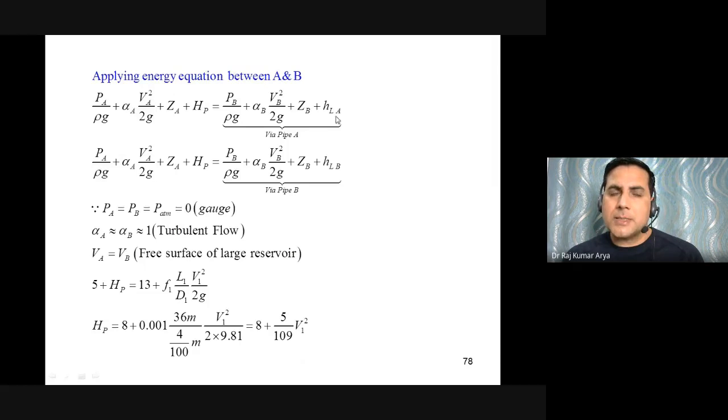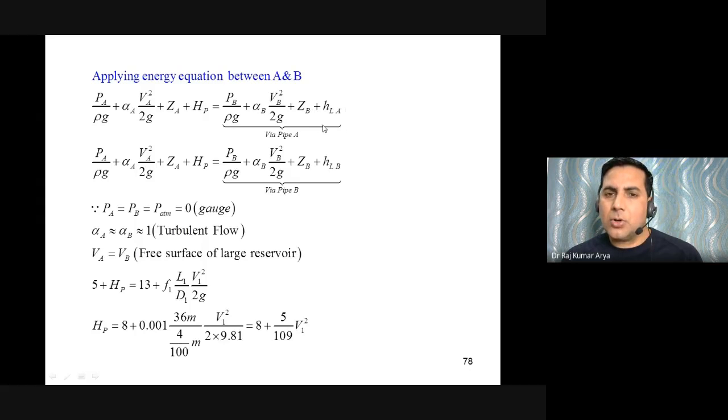So this is pressure at point A divided by rho g, plus alpha A V_A squared upon 2g, plus ZA. In between that you have a pump. So this is the head delivered by the pump, HP, plus point B pressure and velocity and Z, and a loss here.